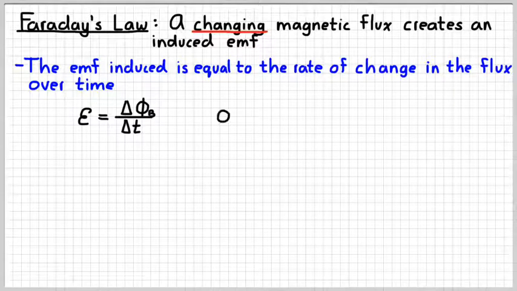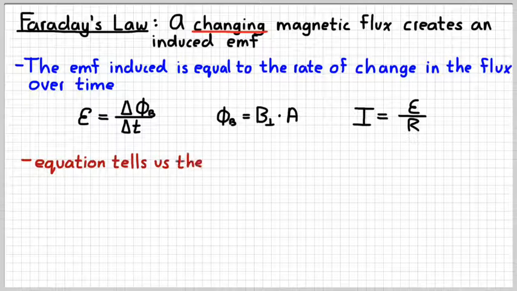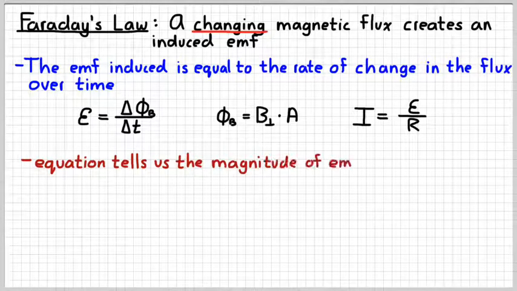And just so we have everything together here, I'm going to rewrite the flux equation, and I'm going to rewrite Ohm's law real quick. That way all of our equations are here in one area for easy reference. A couple things to note. First of all, like all of our other electromagnetism equations, this equation only tells us the magnitude of the EMF.